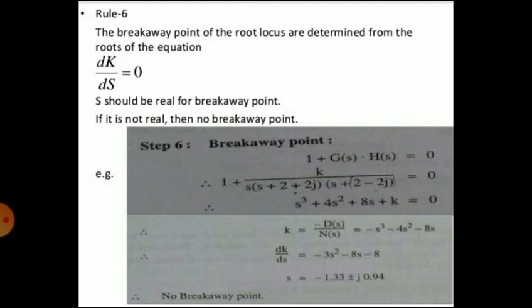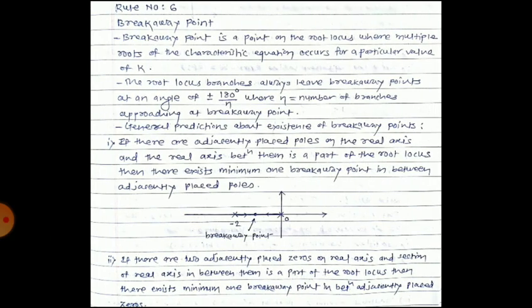If the values are complex, then no breakaway point exists. So the root locus will be above and below the real axis. That is the meaning of no breakaway point existing: the root locus will not intersect the real axis. That is the simple meaning of this.